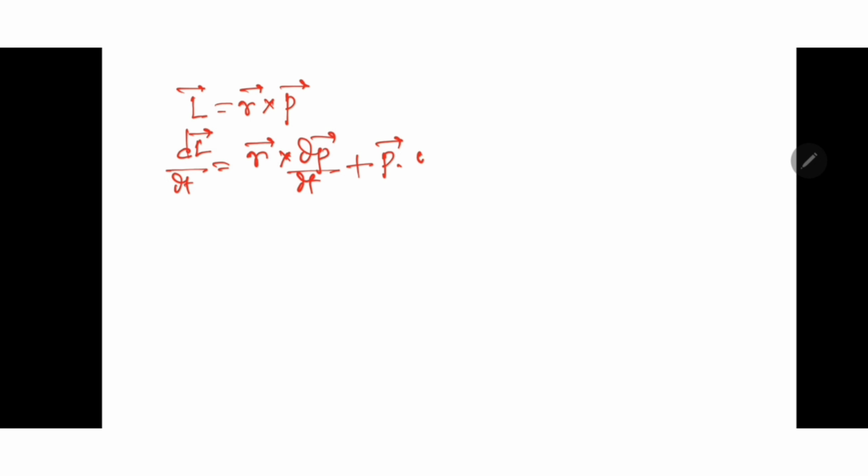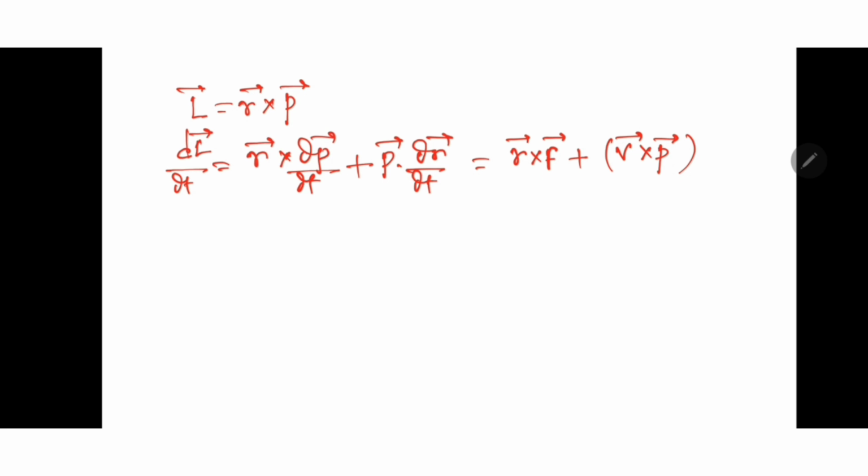L vector equals r cross p, that means dL/dt equals r vector cross dp/dt plus v vector cross p. Because dp/dt equals F, this is r cross F plus v cross p.